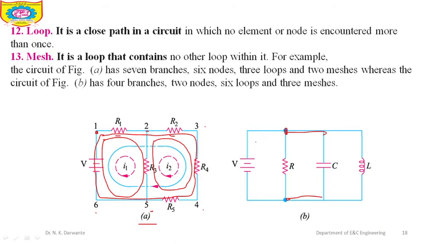Here you can see that this is one loop. First of all, how many branches will we see? 2 nodes are there. Then this is one branch, from here to here, one branch. Then this is the second branch, then this is the third branch, and the last one is the fourth branch.